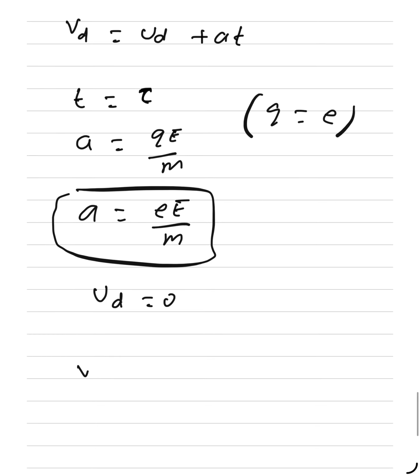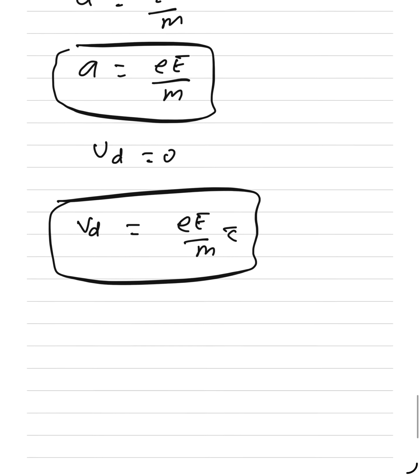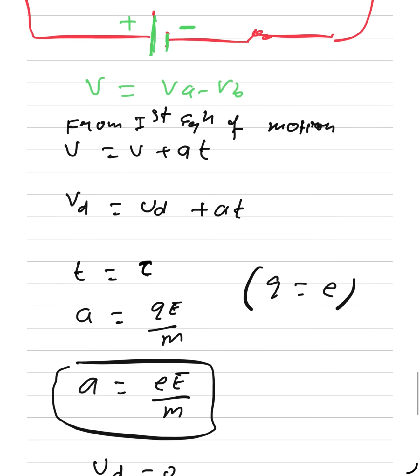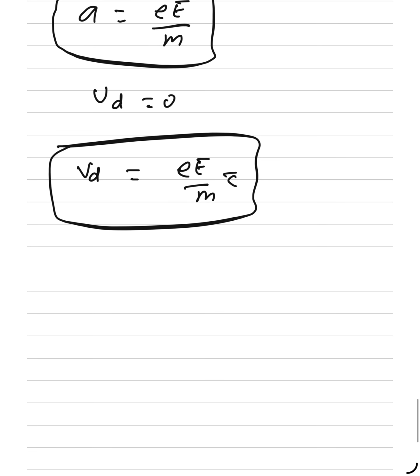In this situation, the drift velocity Vd equals eE divided by m multiplied by the average relaxation time. This is the basic concept of drift velocity just after connecting the battery, right? This is a basic relation.